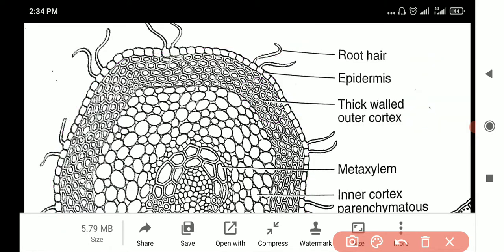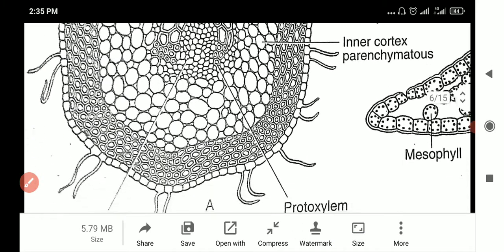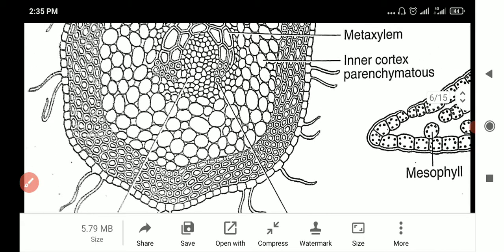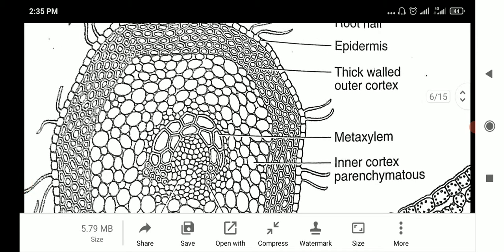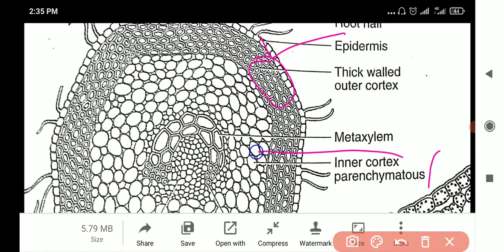Okay, then what do you see next? We have an epidermis, then next is your outer cortex, then next is your inner cortex.